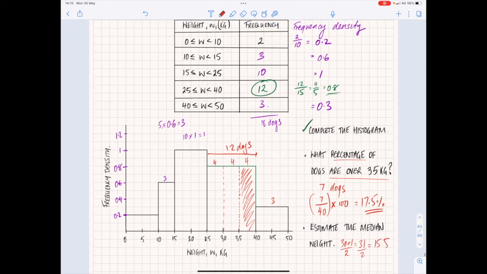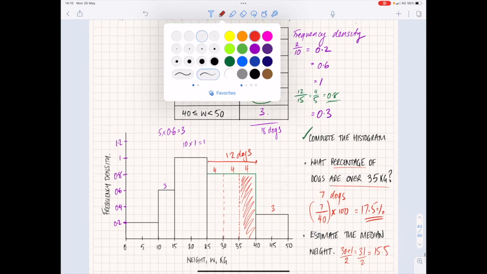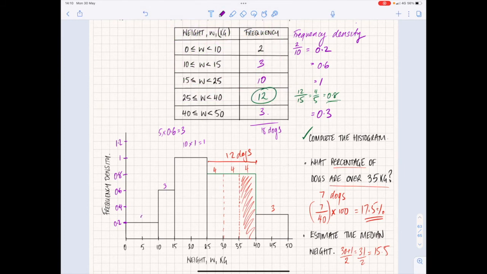So what I need to do is try and find where the 15.5 piece of data is. I know in the first bar there are 2, in the second bar there are 3, so in total I'm at 5 here. Then if I go to the next bar, let's just rub this out. If I go to the next bar, there were 10 dogs in this, so I'm at 5 there plus 10, which means there's 15 dogs here, and I need 15.5.